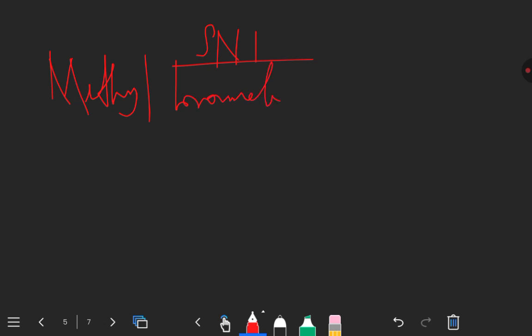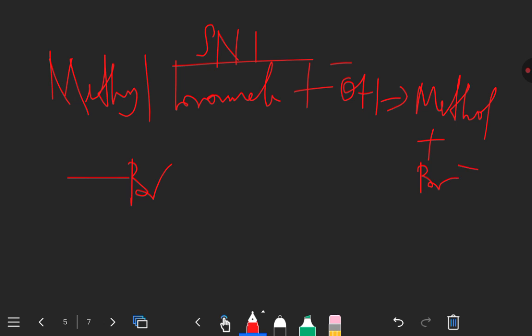When you react it with something like hydroxide, you're able to form methanol plus the bromide. So this is what we need to understand about SN2 and SN1.